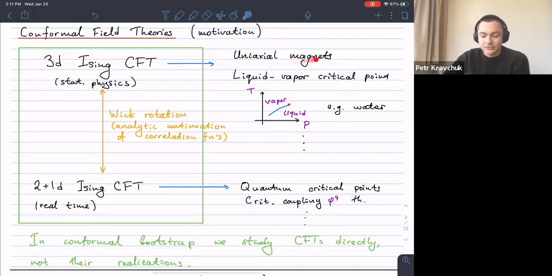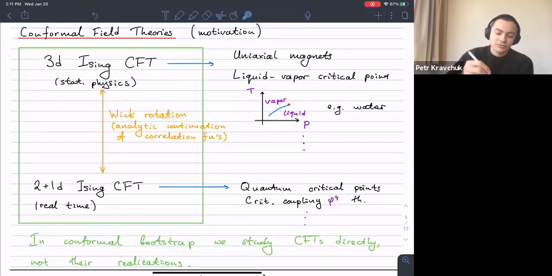And they all will have a critical point, some phase transition, whose correlations are going to be described by the same data as the 3D Ising CFT. And moreover, this universality is well known to be much wider. We can have the Ising CFT appearing in liquid-vapor transitions, even in water. At the end of the liquid-vapor phase diagram, there is a critical point where the CFT that you get is again 3D Ising, which is amazing.